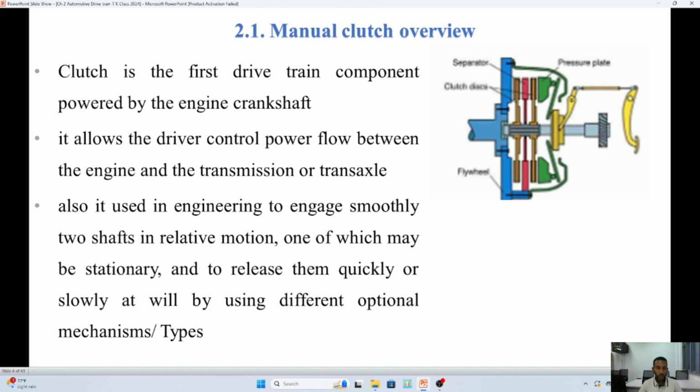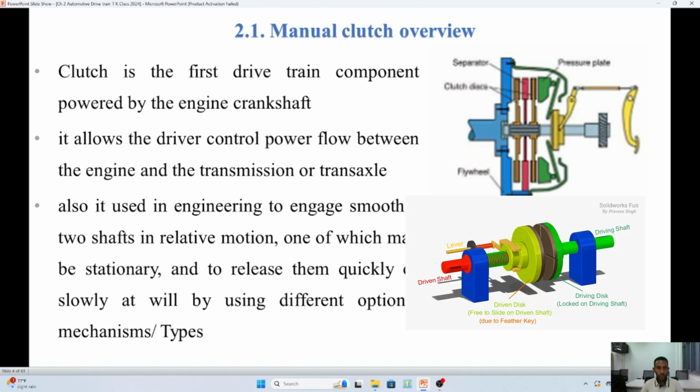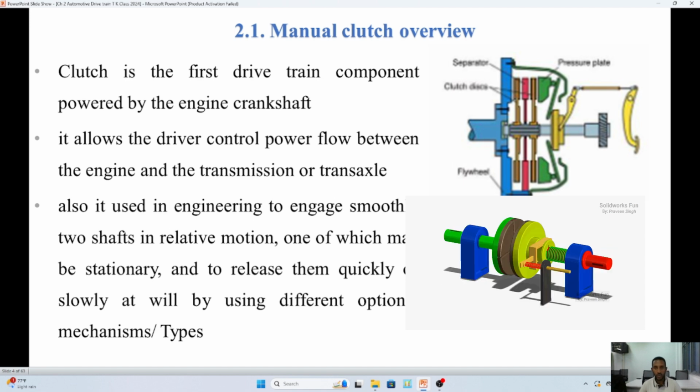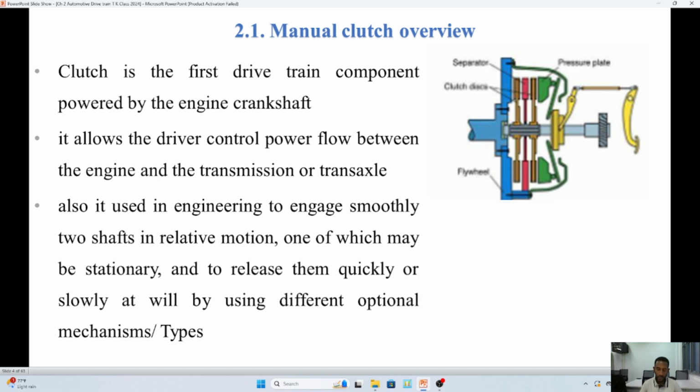Also, it is used in engineering to engage smoothly two shafts in relative motion, one of which may be stationary, and to release them quickly or slowly. We use different optional mechanisms or types, which means we have different types of clutch mechanism, but the end target is to use it as a power transmitting device intermittently as required.